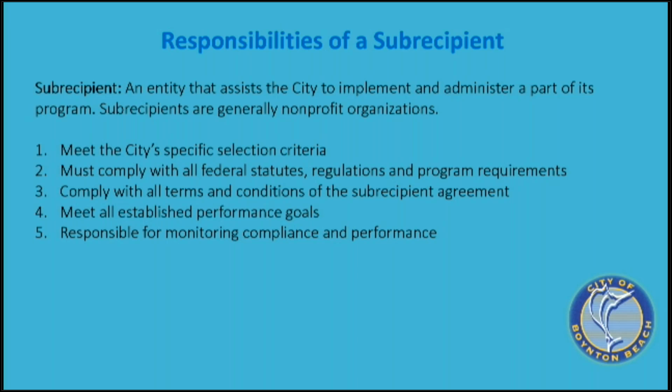They must also comply with all the terms and conditions of the recipient agreement, meet all the established performance goals, and be responsible for monitoring compliance and performance. So you can see that there are quite a few regulations and requirements that go along with this program and with the money whenever we say, I want to do this activity. You have to take into consideration that it is a reimbursement basis only, and therefore there are a lot of strings attached that we have to follow.